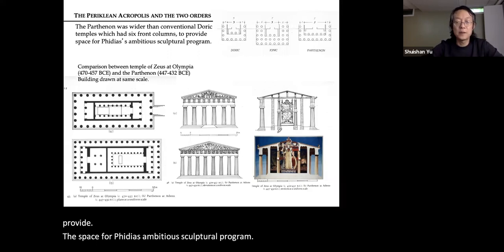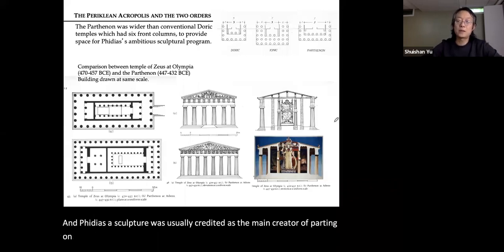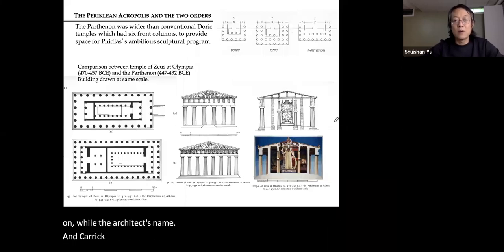And Phidias, a sculptor, is usually credited as the main creator of the Parthenon, while the architects' names, Ictinus and Callicrates, were barely known to the public.